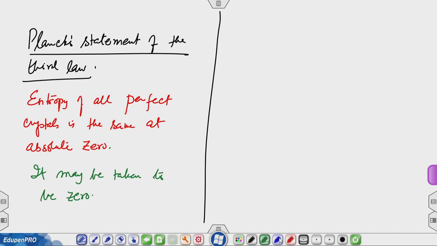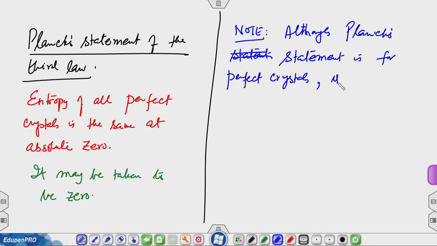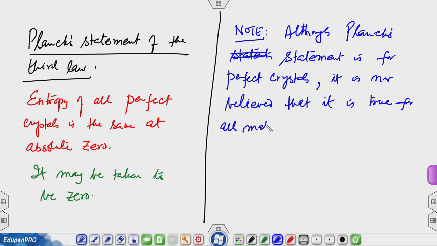Now, I just want to make a note here, and the note is, although Planck's statement is for perfect crystals, it is now believed that it is true for all materials, including liquids and other disordered materials.